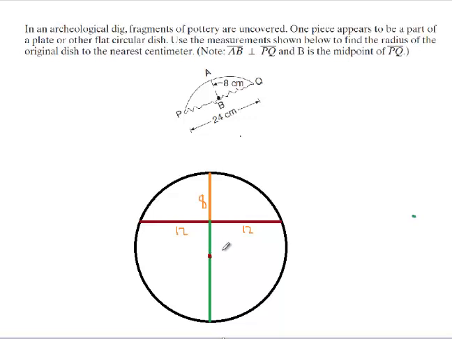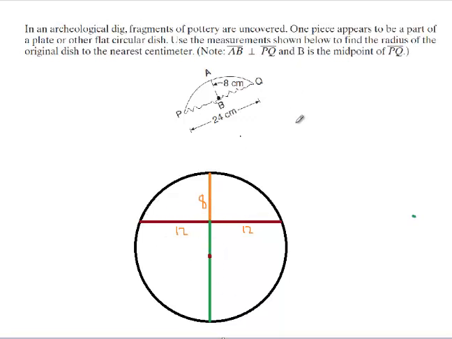But of course, in order for that to help us figure out what the radius is, in order to figure out what the diameter is, in order to figure out anything, we've got to figure out the length of the green line. Well, here we can use the rule that the product of each side of any two chords in a circle have to equal each other. So this times this has to equal this times this.